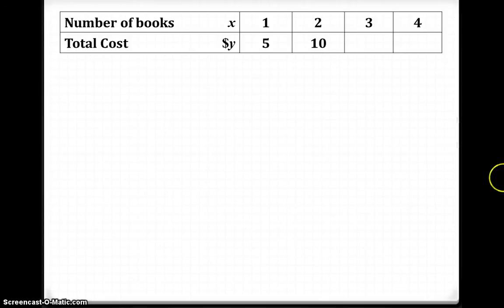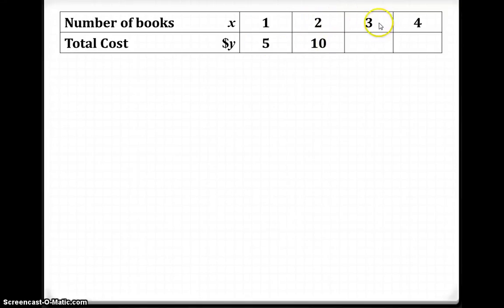Let's look at the table. We have number of books and we have total cost. Number of books is directly affected by the total cost, which means for one book costing you $5, two books will be costing you $10.